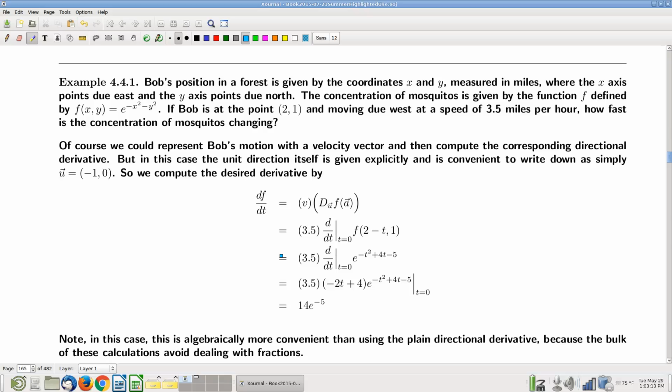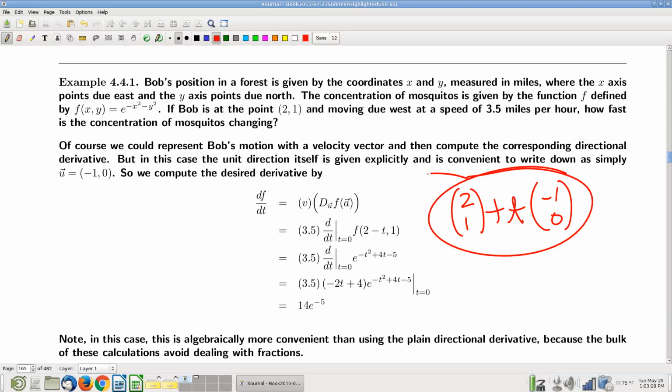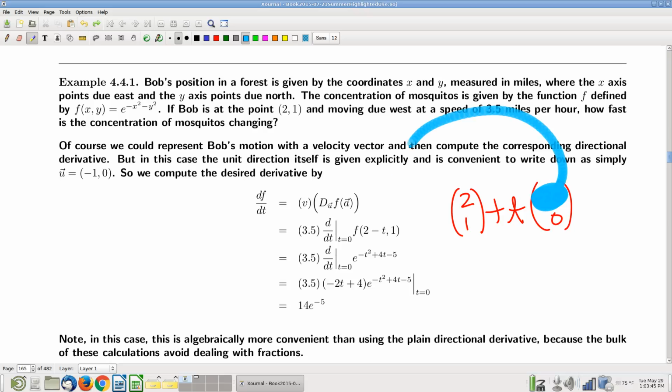So what if I had done this the other way? If I had put the velocity in there instead of the unit vector, then instead of having 2, 1 plus t negative 1, 0, I would instead have this 3.5 right here inside of there.